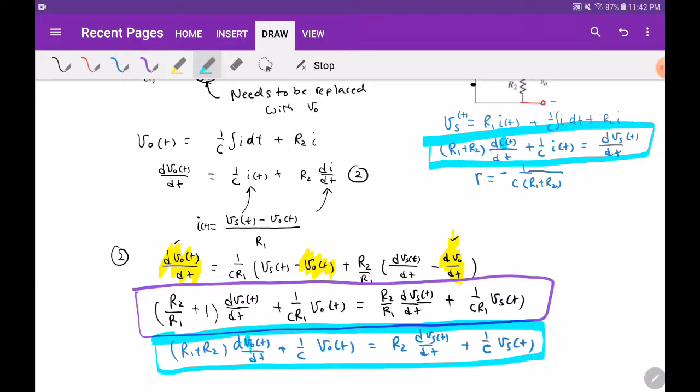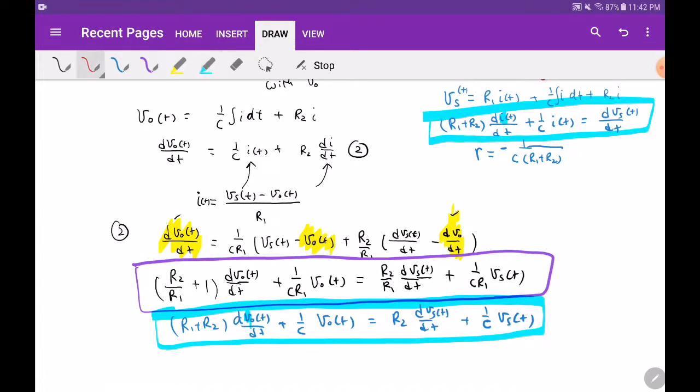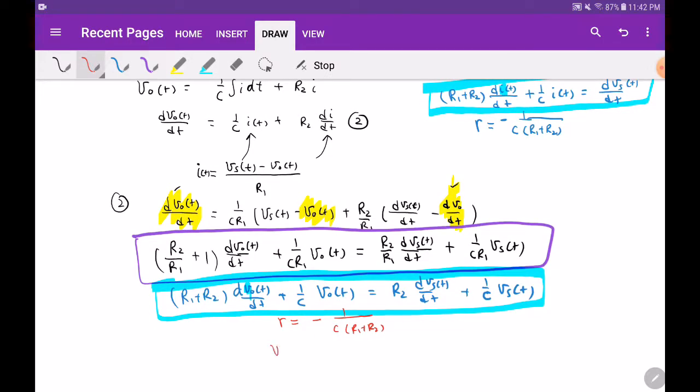So what does it tell you when you look at the characteristic root? For the homogeneous solution, you get the exact same thing: negative 1 over C times R1 plus R2. Then your homogeneous solution, whether it's V out or I, will look like some constant, let's call it C1, times e to the minus 1 over C times the combination of R1 and R2 times t.